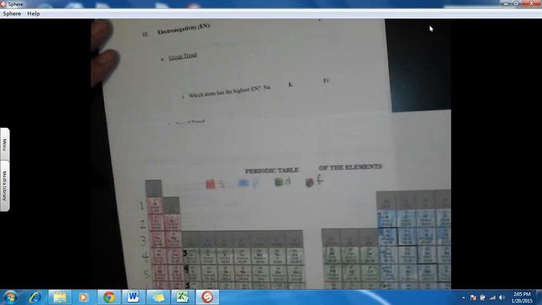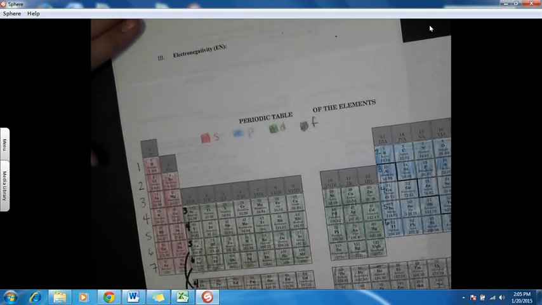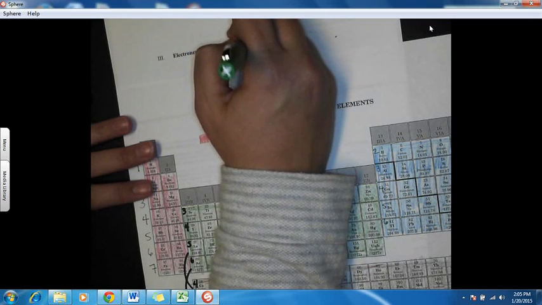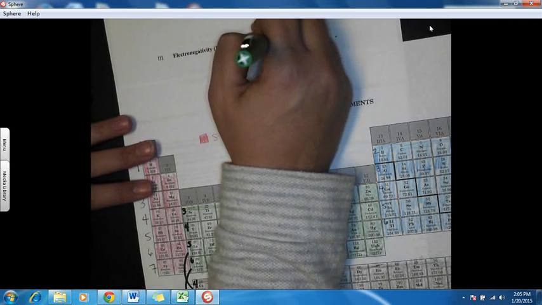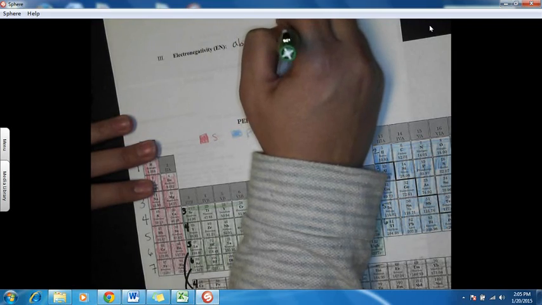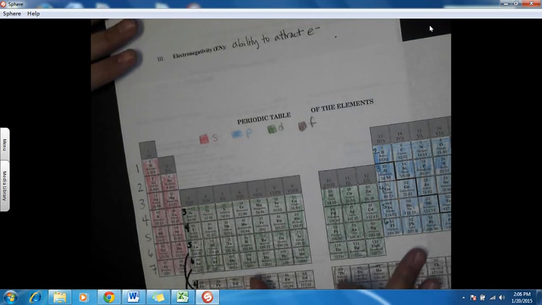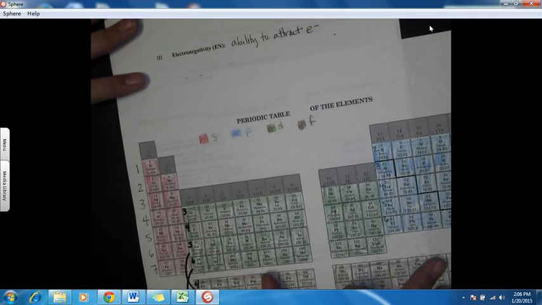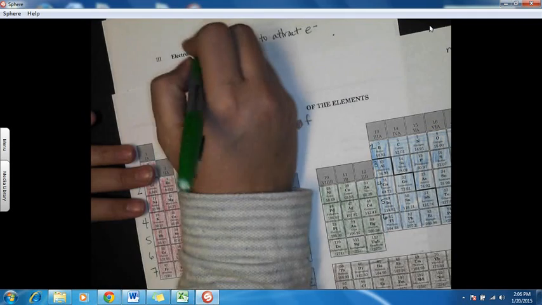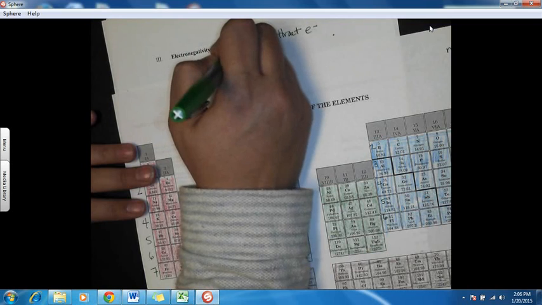Alright, so next we have electronegativity. Electronegativity is the ability to attract electrons. So what kind of atoms do you think could attract electrons easily? That's right, smaller ones.